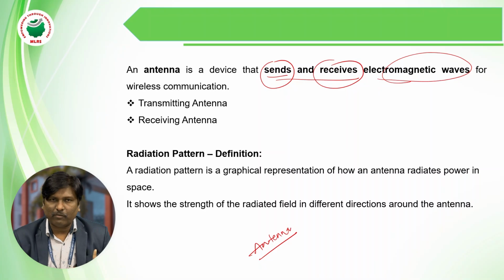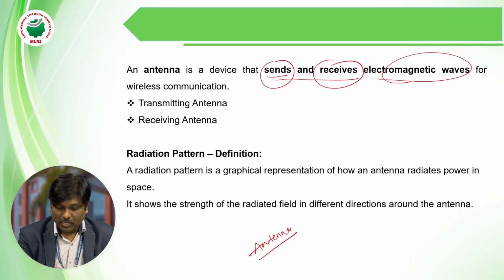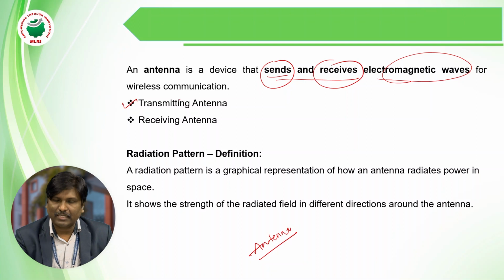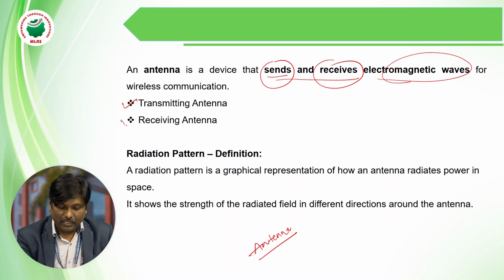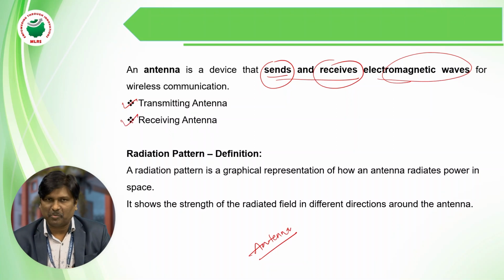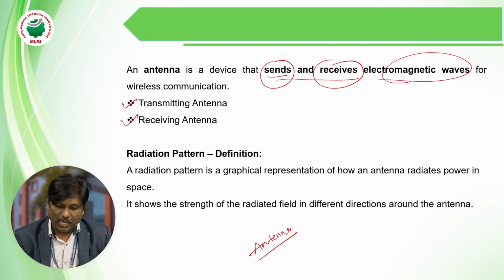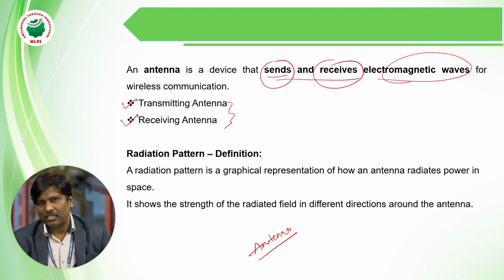Simply, an antenna is used for the transmission and reception of EM waves. If an antenna is used purely for transmission, it is called a transmitting antenna. If it is used only for receiving, it is called a receiving antenna. If an antenna can be used for both transmitting and receiving, it is called a duplex.